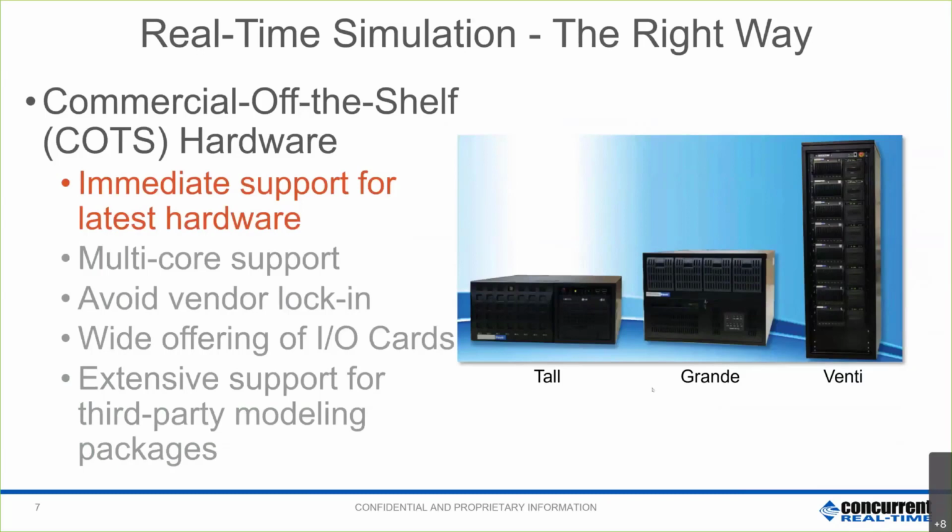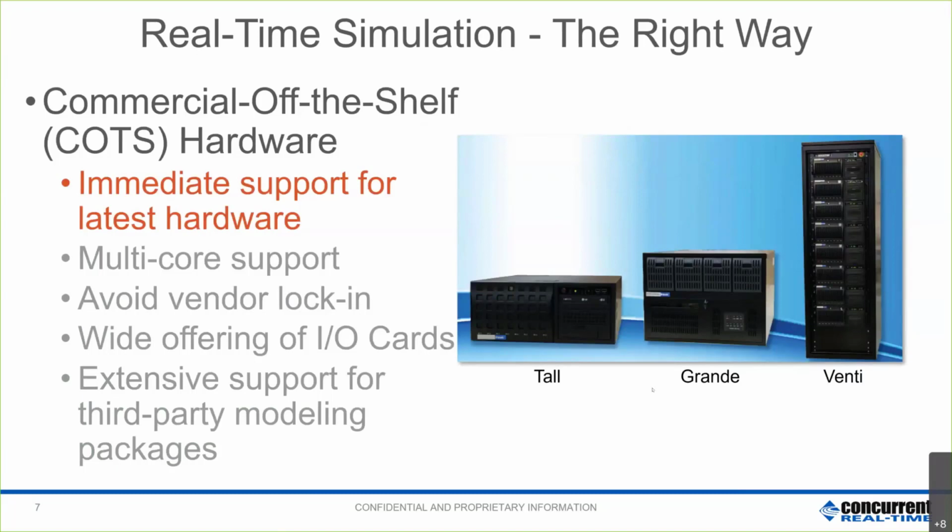Okay, so the real-time simulation by us has big advantages compared to our competitors. One of the main advantages is using commercial off-the-shelf hardware. What does that mean? It means we do not use our own custom motherboards or custom processors or other custom components in our real-time simulation.